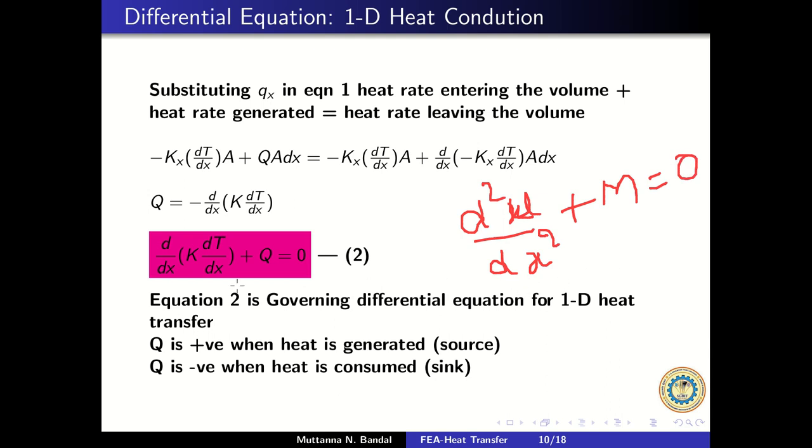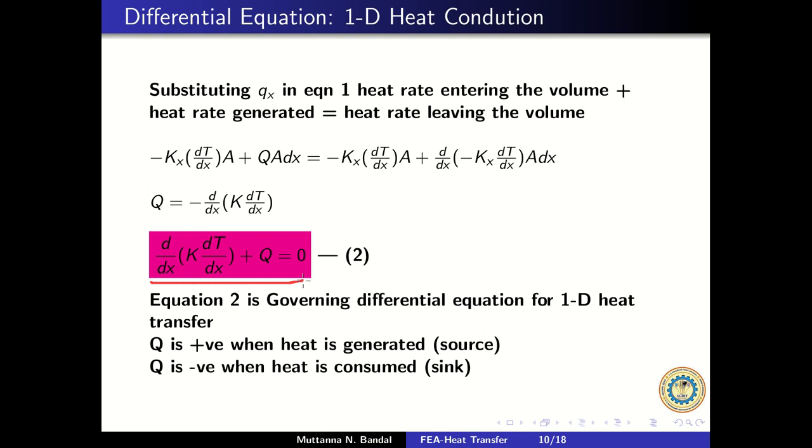So we can compare this equation to the structural one. But here the field variable was displacement in structural, and in thermal the field variable is temperature. I was studying the nodal displacement in structure, but in thermal I will be studying the nodal temperature of the system. So that's the only difference between the structural and the thermal in case of conduction.